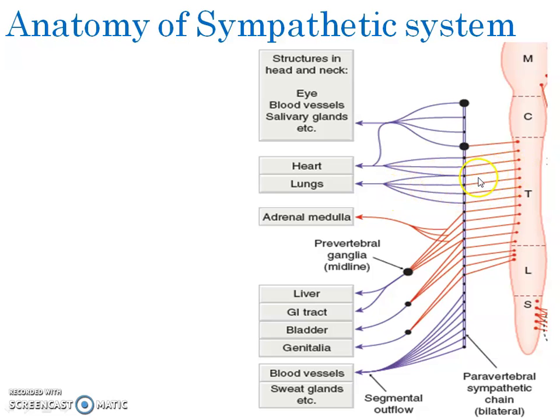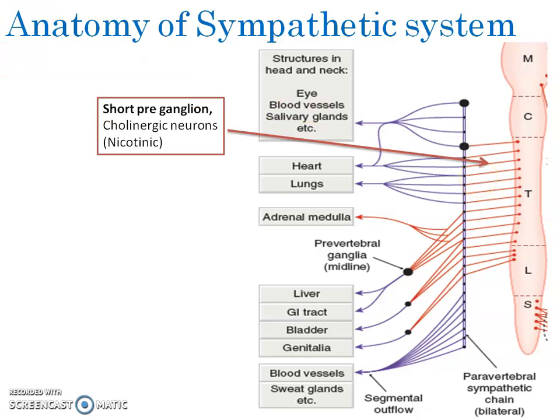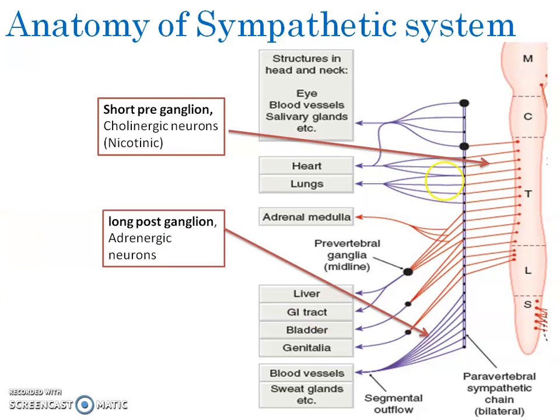And preganglions are shorter in sympathetic nervous system, whereas the postganglions are longer. As the diagram itself indicates, the length of the red lines are shorter than that of the blue lines, which are postganglions. And this is again the major difference between the parasympathetic system and sympathetic system.